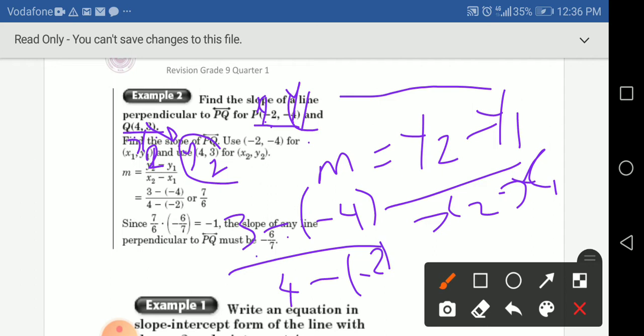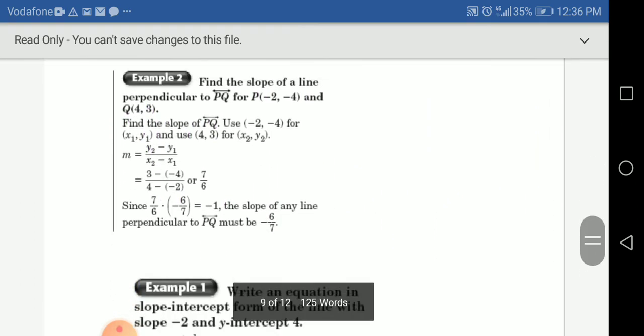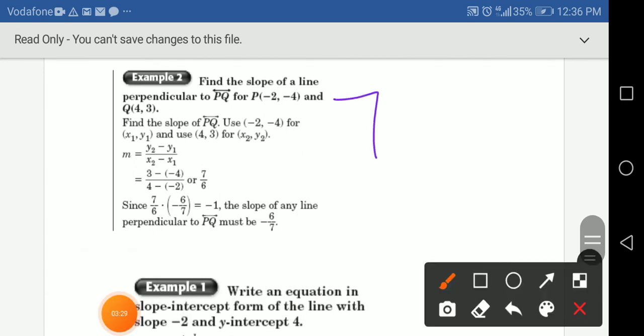So 3, you have negative brackets, so 3 plus 4 will be 7, and I have here 4, negative, open bracket, so negative times negative is positive, 4 plus 2 equals 6, 7 over 6. So since I have here the slope is 7 over 6, this is the first slope.